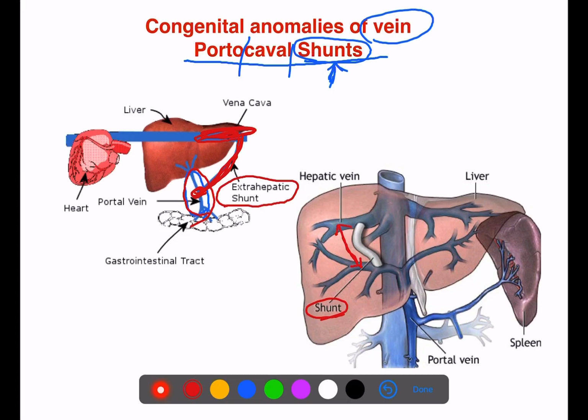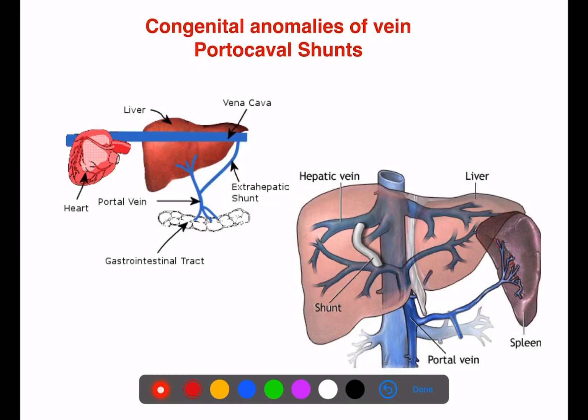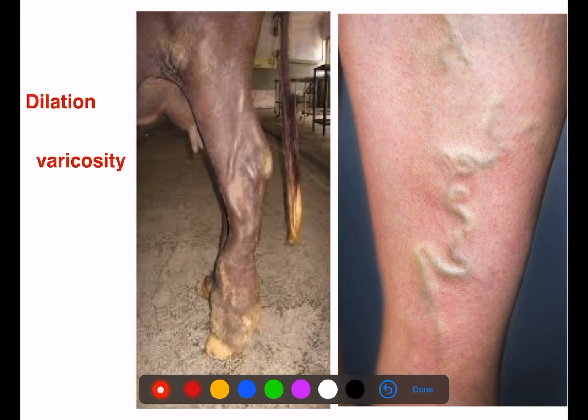This is called intrinsic shunt. While the connection between portal artery and vena cava is called extrinsic shunt. This is a congenital anomaly, important in dog, usually causing severe hemorrhage within the abdomen and death.